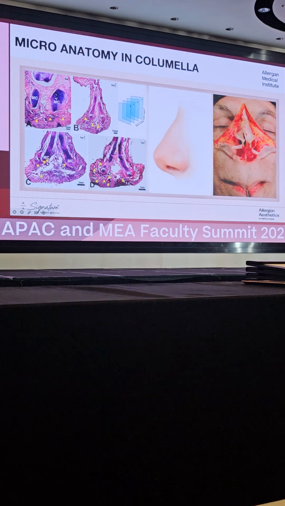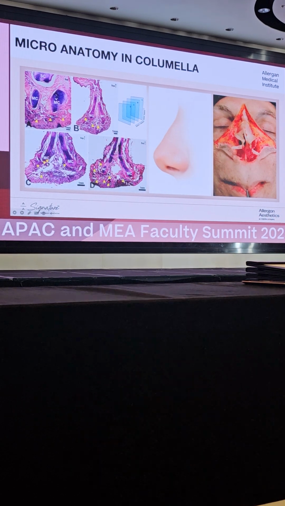For the columella, the space between the two cartilaginous crura is also a safe region for injection.